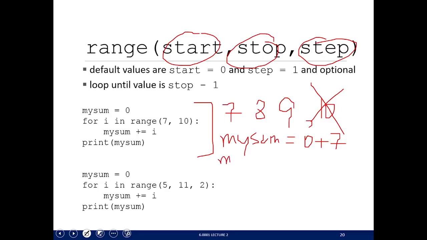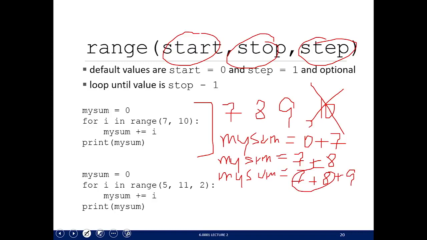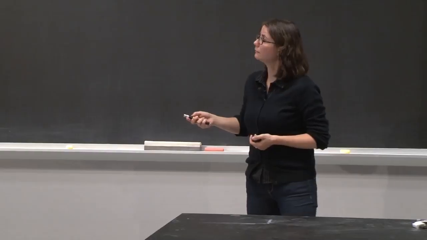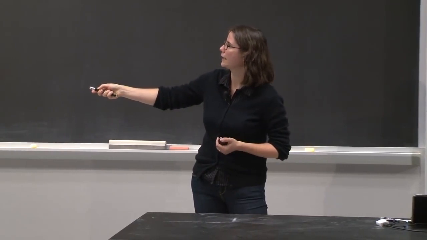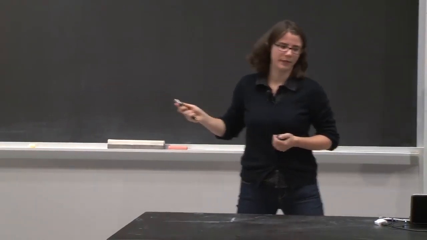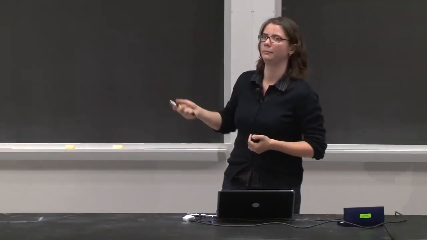So inside the for loop, my sum gets whatever the previous value was, which was 7 plus 8. Okay? The next time through the loop, my sum gets the value 7 plus 8 plus 9. Obviously replacing that with the previous value, so 15. Okay? Since we're not going through 10, that's where we stop. And we're going to print out my sum, which is going to be the value of 7 plus 8 plus 9.